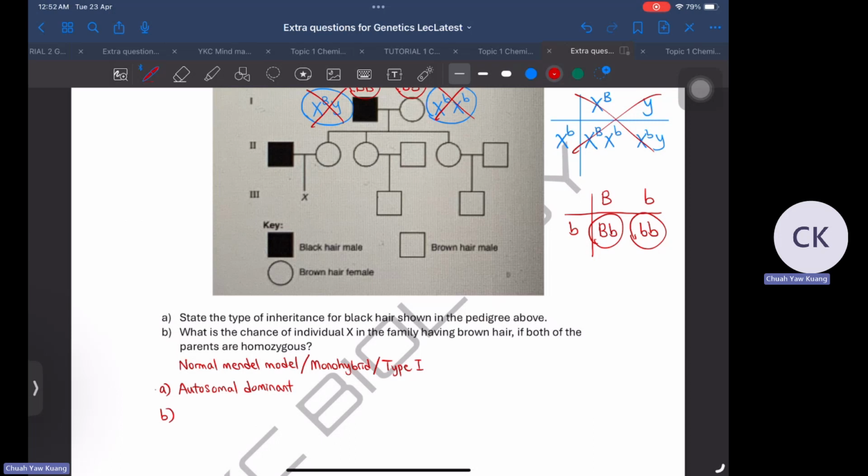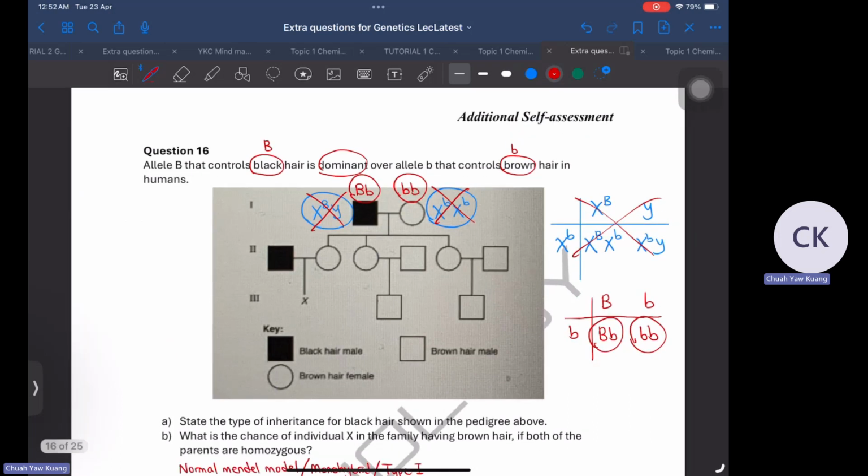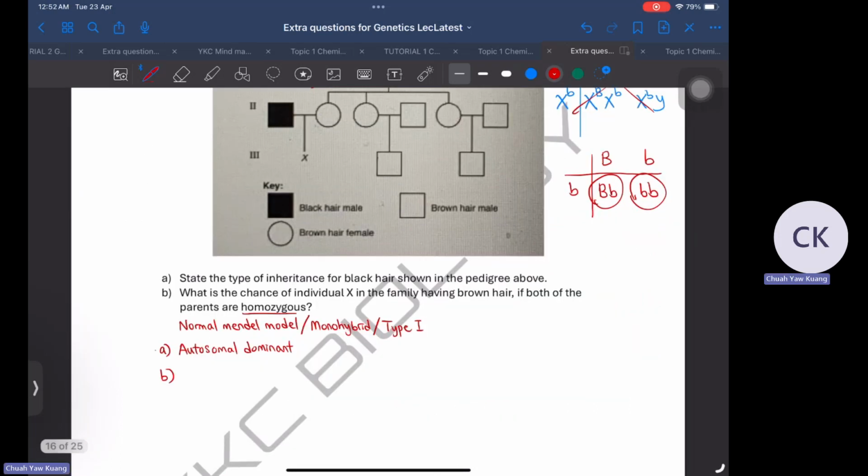First thing first, both of the parents are homozygous, so we can get the genotype of the parents. The first parent, the male, is a black hair male, which means it contains at least one big B. The question states it is homozygous, so that means homozygous dominant.